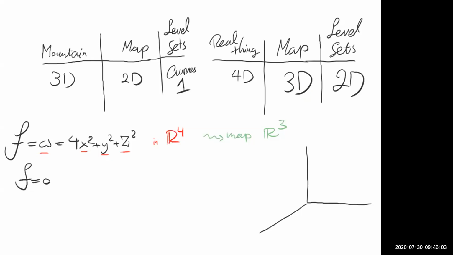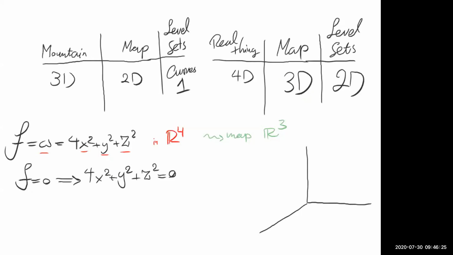Two-dimensional objects are surfaces. Let's see that. So if f is 0, for example, we would get 4x squared plus y squared plus z squared equals 0. What is this thing? What is the surface this equation is describing?